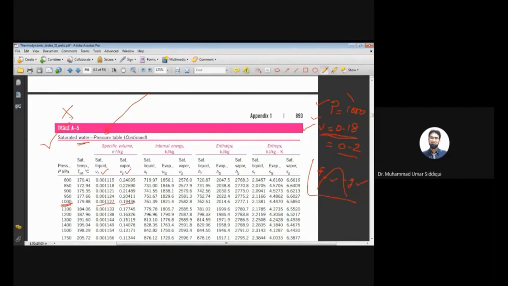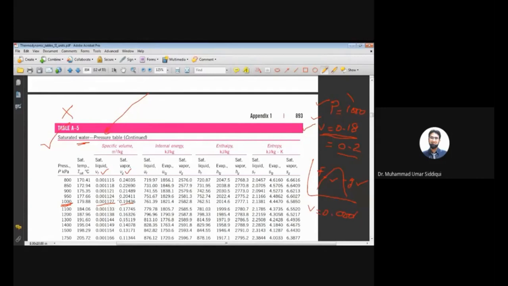And suppose the value of V was 0.0001. Then in that case, our value of V is even smaller than VF.